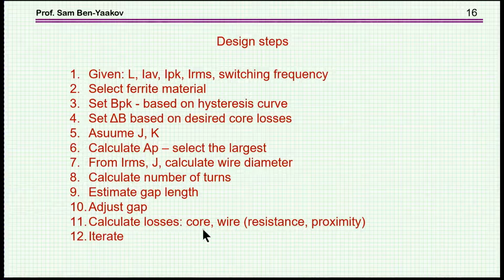And then we calculate the losses to see if we hit the target, and if the losses are too high, then we can iterate, go back, assume a larger core, and go through the process.